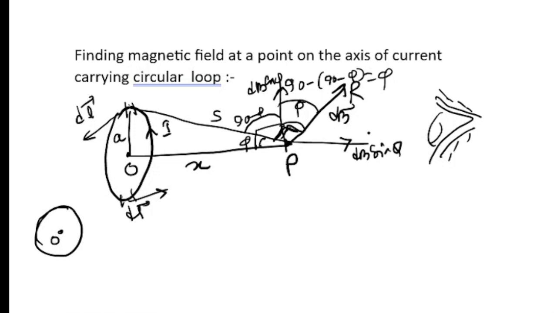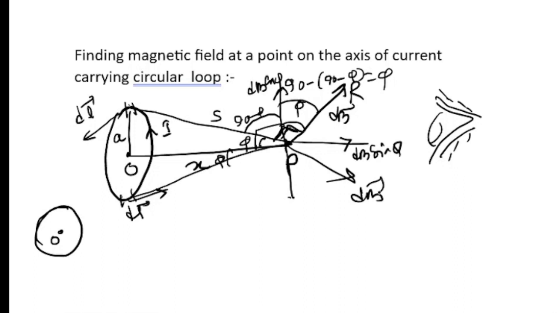Now what will be the other component? Since this lower dl is cut from the opposite end of the diameter from the upper portion, this angle will be the same. According to similarity, you can say this angle will again be phi.